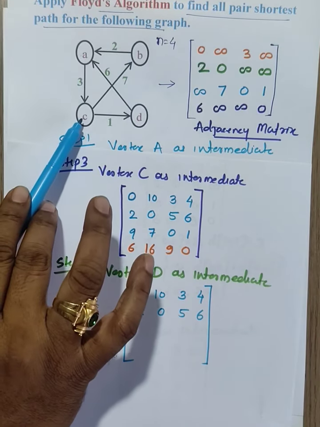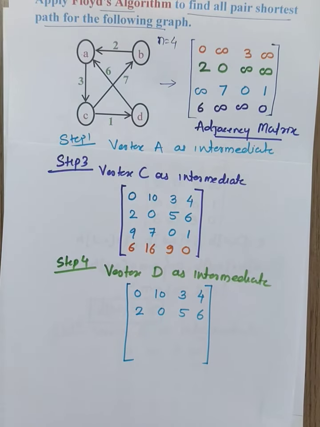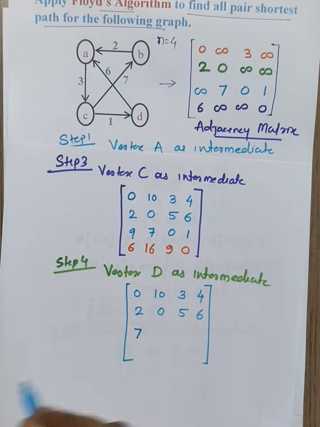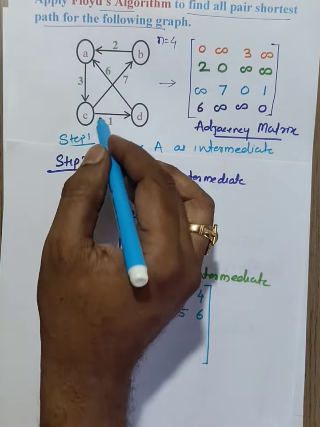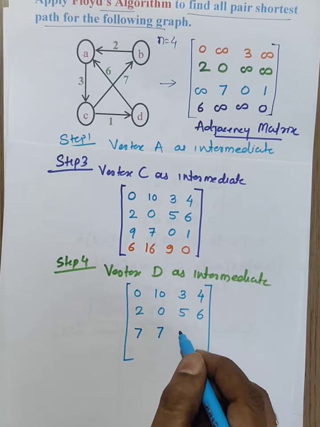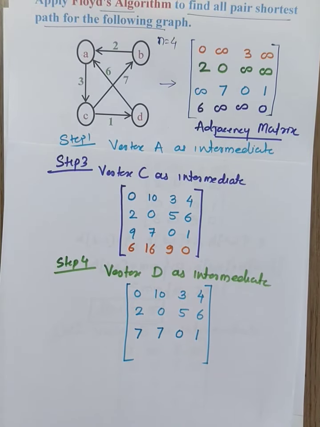But using C to D, D to A, this is 1 plus 6 is 7. The previous distance is 9, so this value is overwritten. This is 7. And C to A 7, C to B 7, C to C 0, C to D 1.